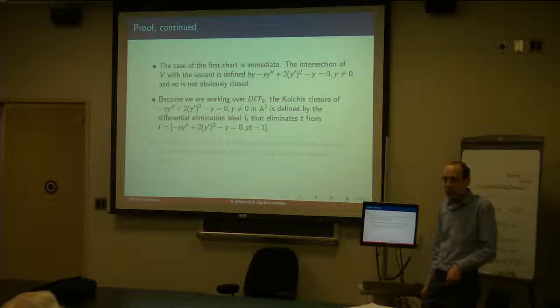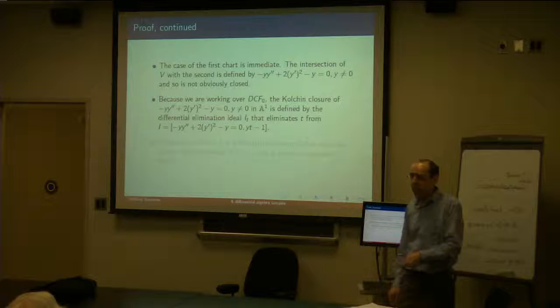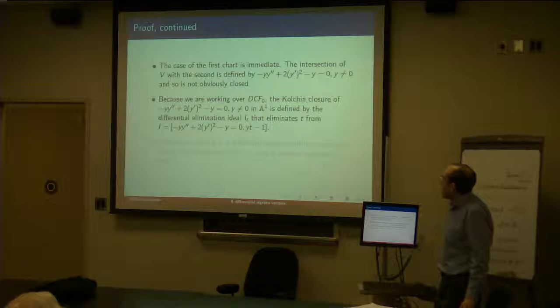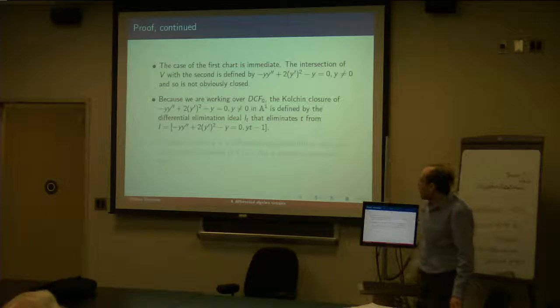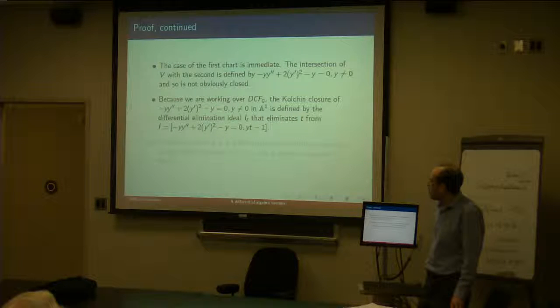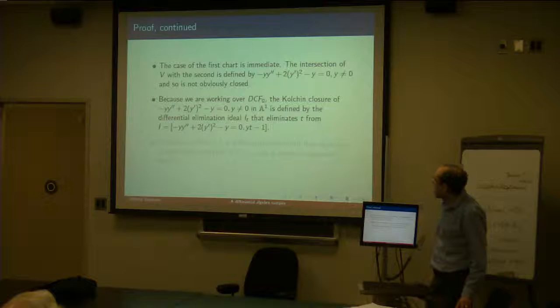So we're going to show that the closure of the projection is actually the image of the projection. And you can see that the image of these two equations is exactly that system up top.